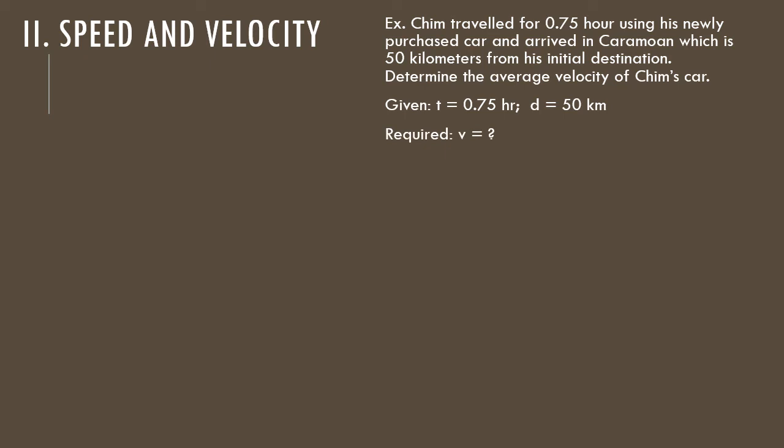So required is velocity. So our formula for velocity is distance over time. So the distance is 50 kilometers. Then the time traveled is 0.75 hours. So the velocity of Chim's car is 66.7 kilometers per hour.